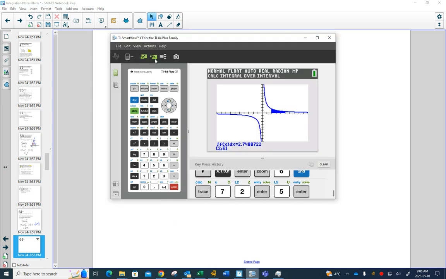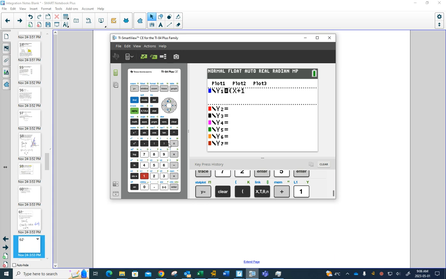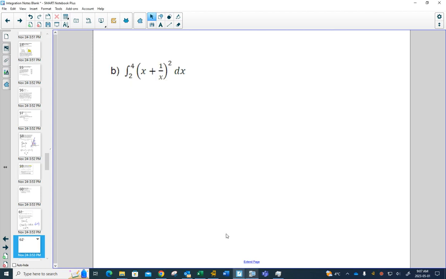Well, we can go to our graphing calculator. A little bit interesting looking. And we want to find the area from 2 to 4.